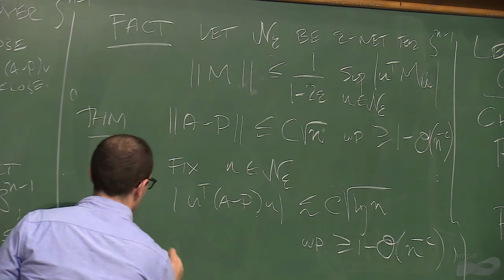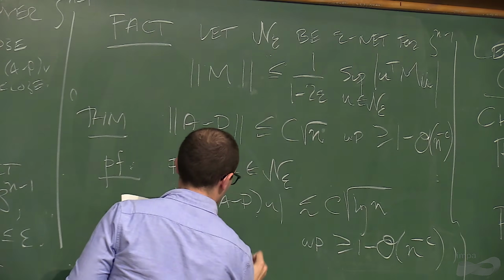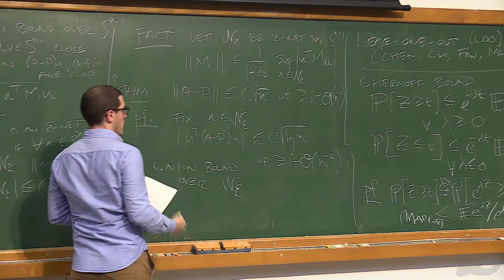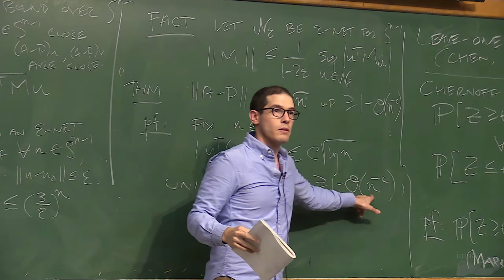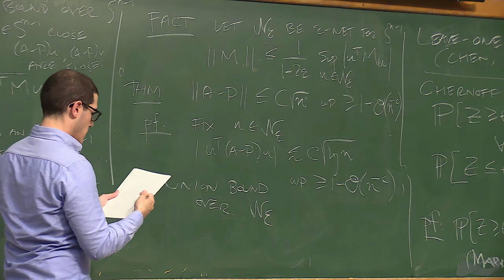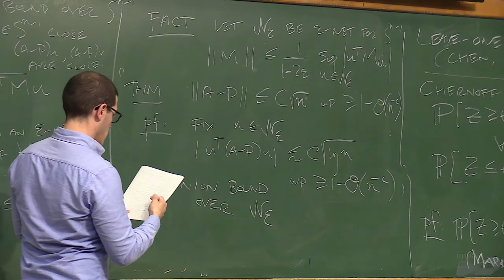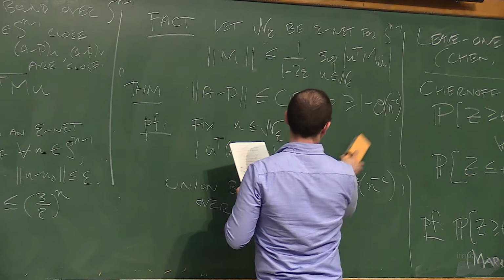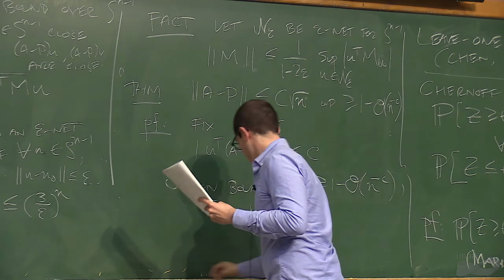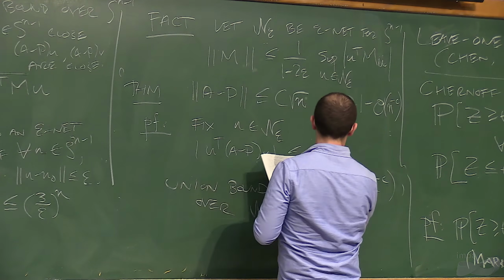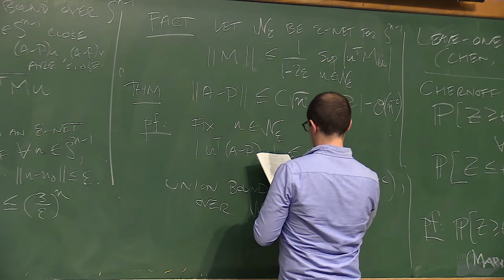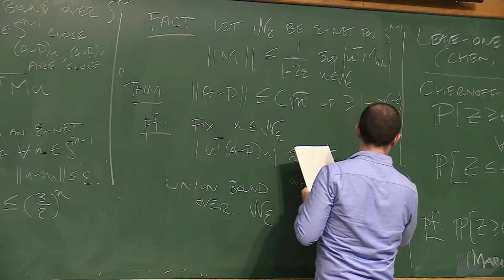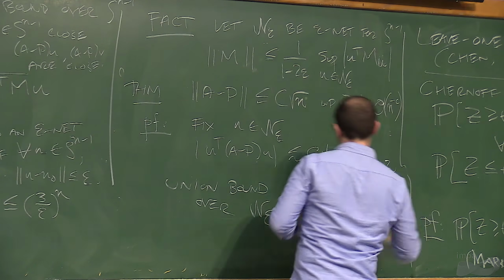Then we're going to take a union bound over the epsilon net. We're going to incur a factor of n here. Oh, excuse me, I got ahead of myself. I even wrote in my own notes, it's tempting to take this to be root log n, but that's not quite what we can do. This is less than or equal to t, not root t, with probability 1 minus order e to the negative t squared over 2. I apologize.